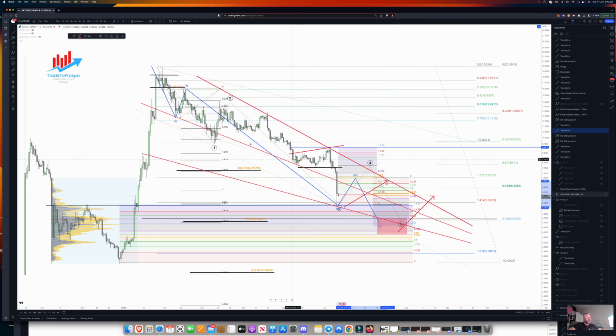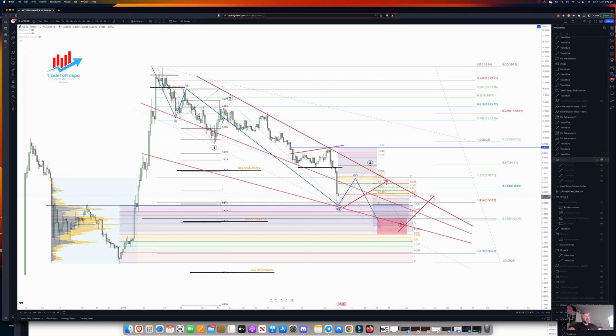The bump and run strategy, which is this. Give us a sec. Not that one. Damn it, where is it, that one? Okay, so this was a grind line. This is the bump and run strategy.